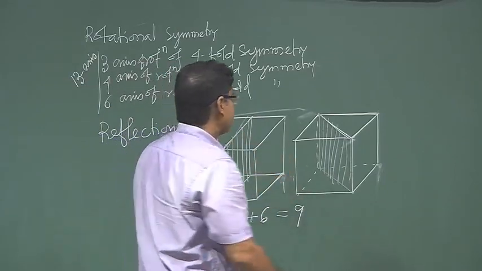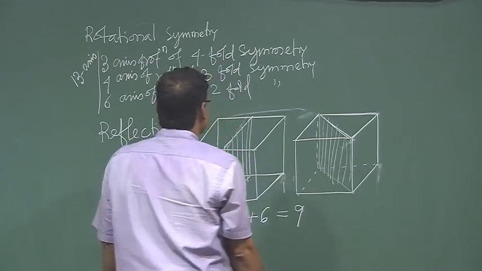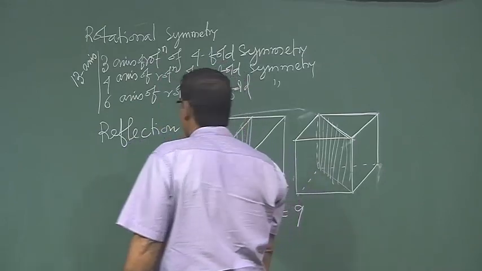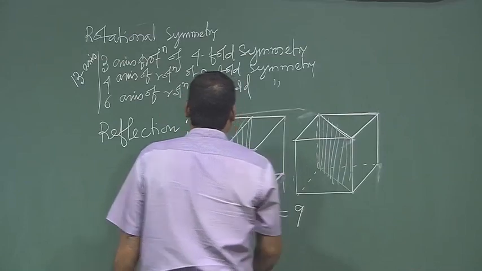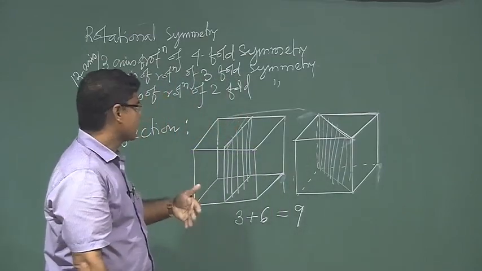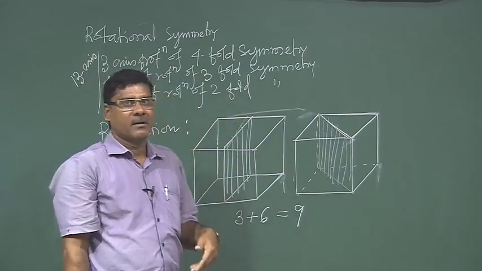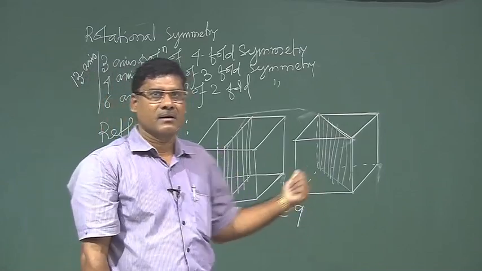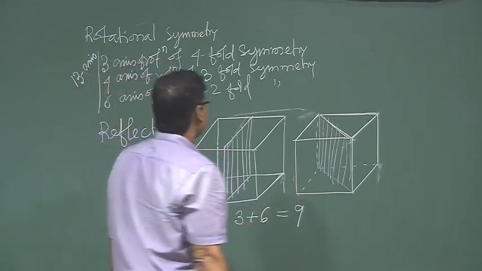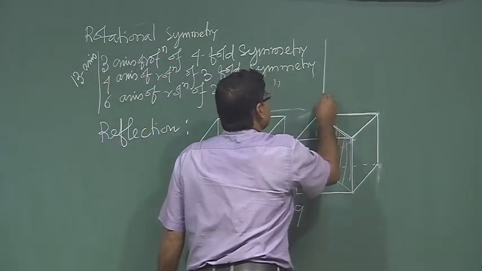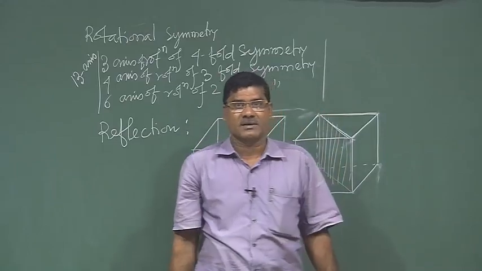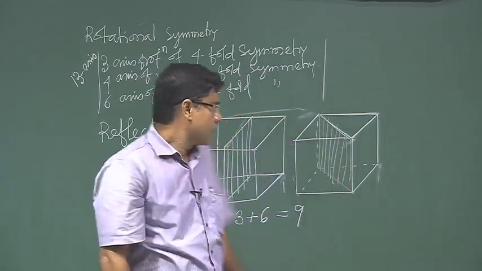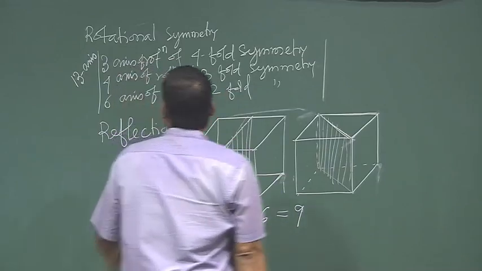For any other crystal one has to find out, and one can show that the number of symmetry elements will be much lower than for the cube. Cube has maximum symmetry, hexagonal also has maximum symmetry. Then inversion. What is inversion?